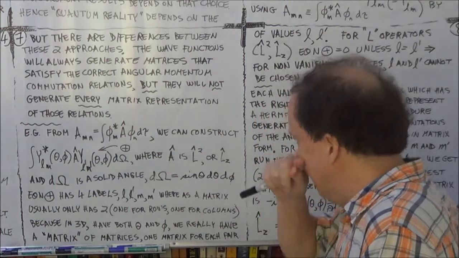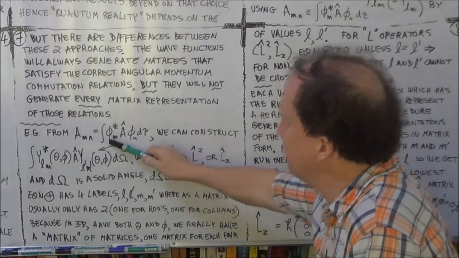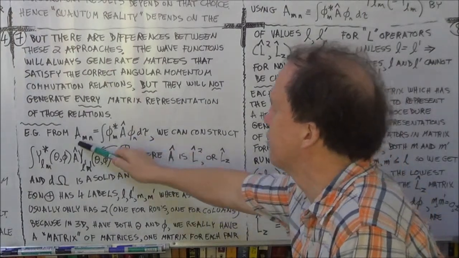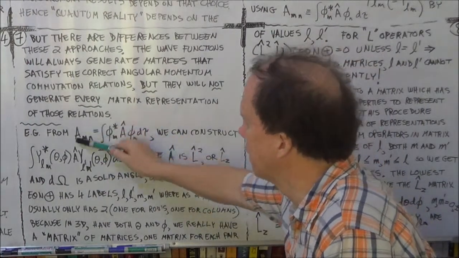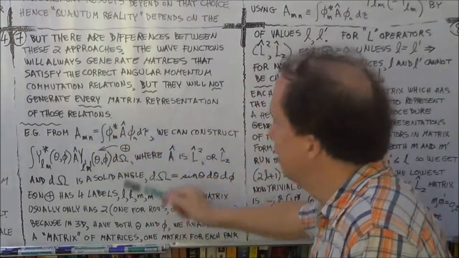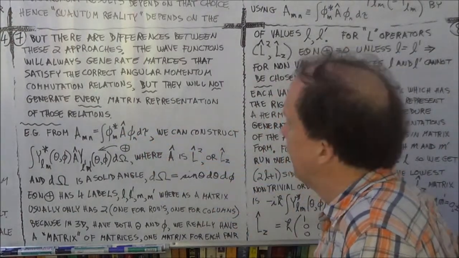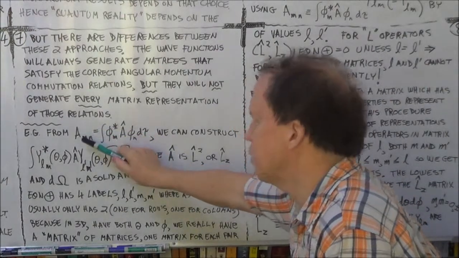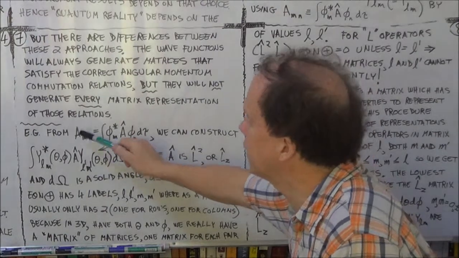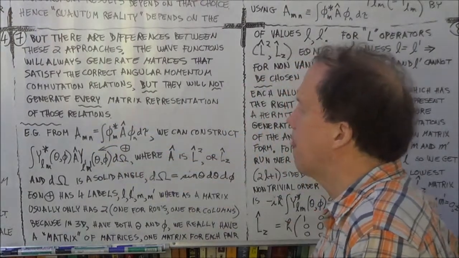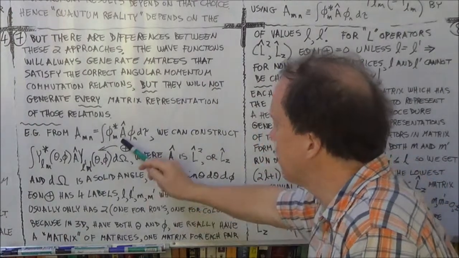So here we have a fairly simple matrix representation of this operator. For this operator, we get an equivalent matrix just by forming this integral. This is just one element of the matrix, but the whole matrix, all big N squared elements like this, has similar properties to this operator.